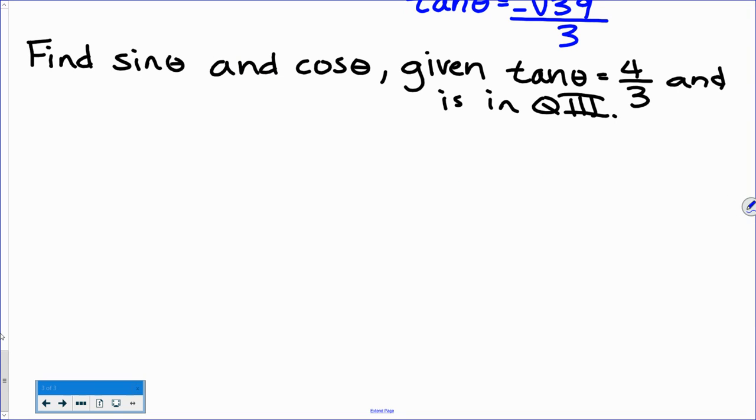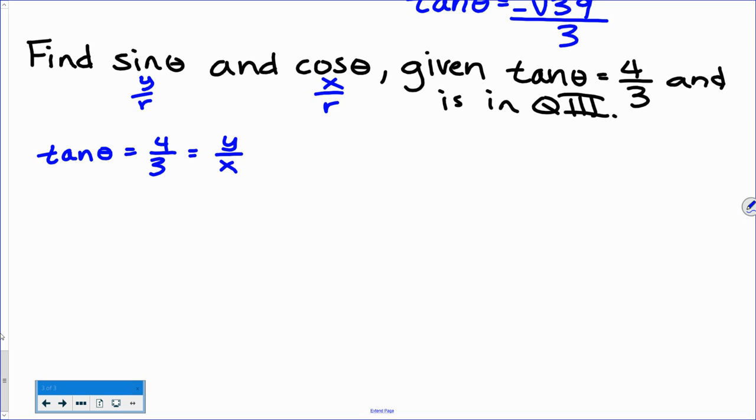If I'm looking for sine, I need the y coordinate and r. If I'm looking for cosine, I need the x coordinate and r. I've been given tangent is 4/3, which is our y over our x.